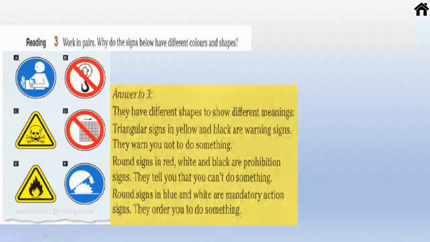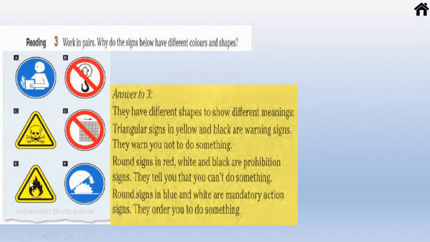For example, if I put the sign A, it tells you that you must read. You must read. For F, for example, it tells you to cover something. Cover the gear. Cover the gear.